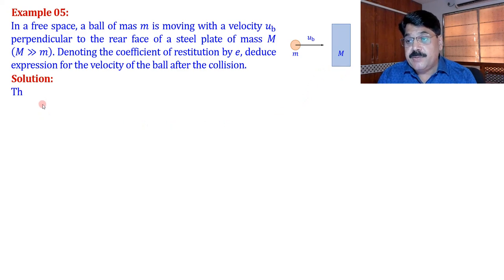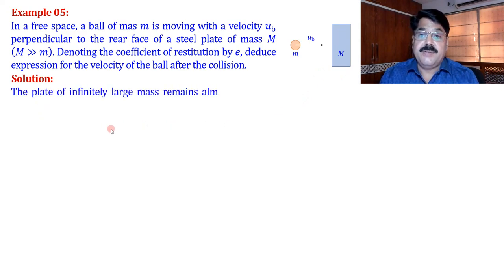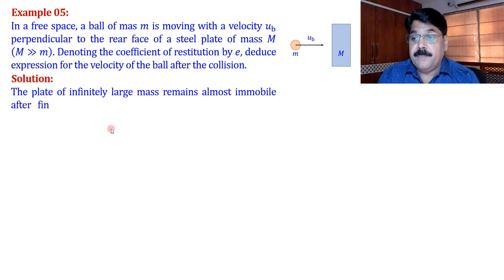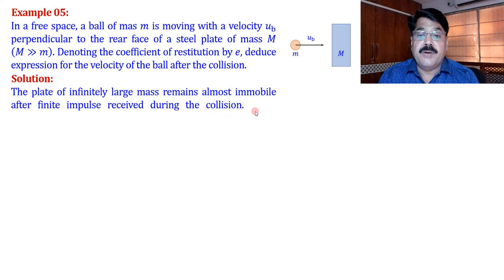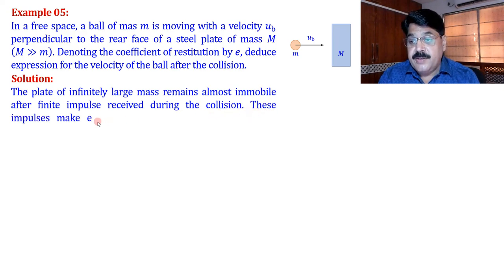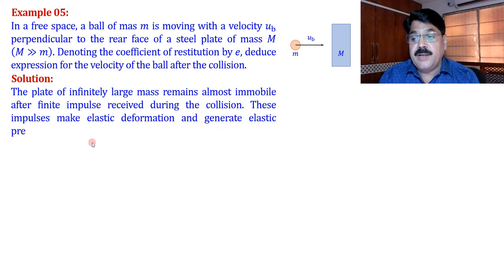So how do we proceed? The plate of infinitely large mass remains almost immobile after the finite impulse received during the collision process. These impulses make elastic deformation and generate elastic pressure waves in the plate.